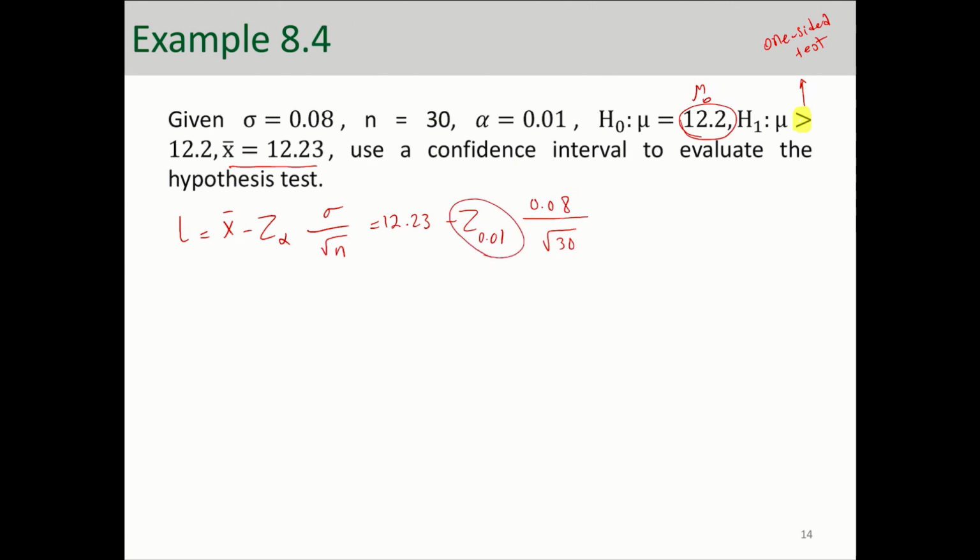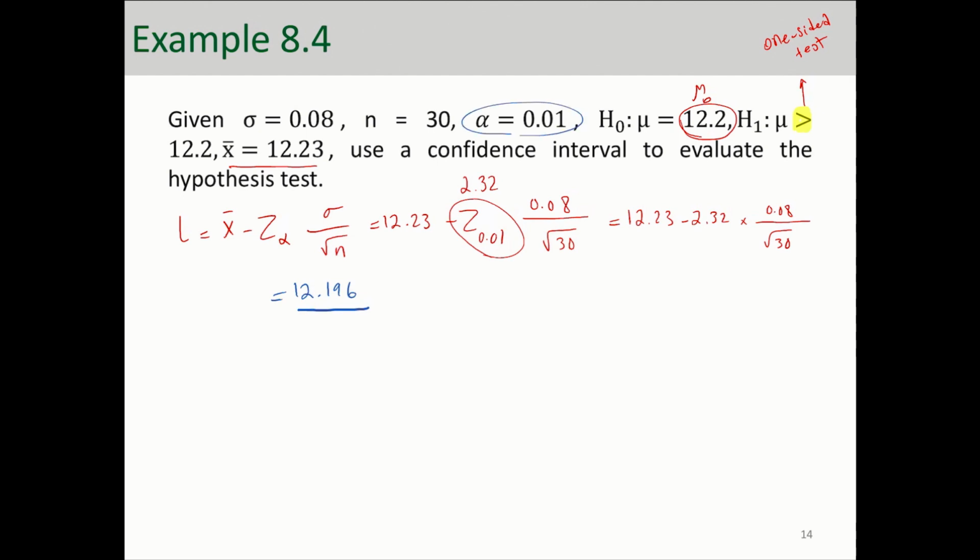And this z value is 2.32. You can read it from the normal z table. And when you do the math here, that is equal to 12.196. And that is the lower confidence limit.